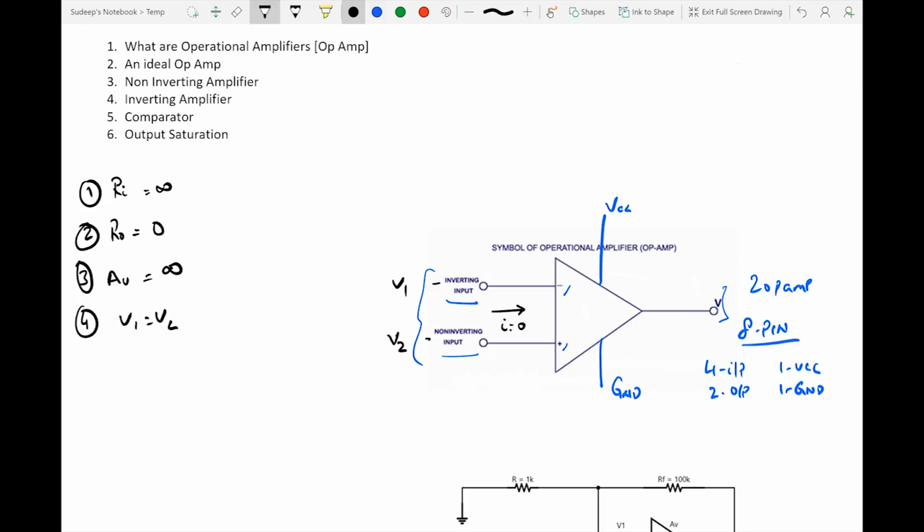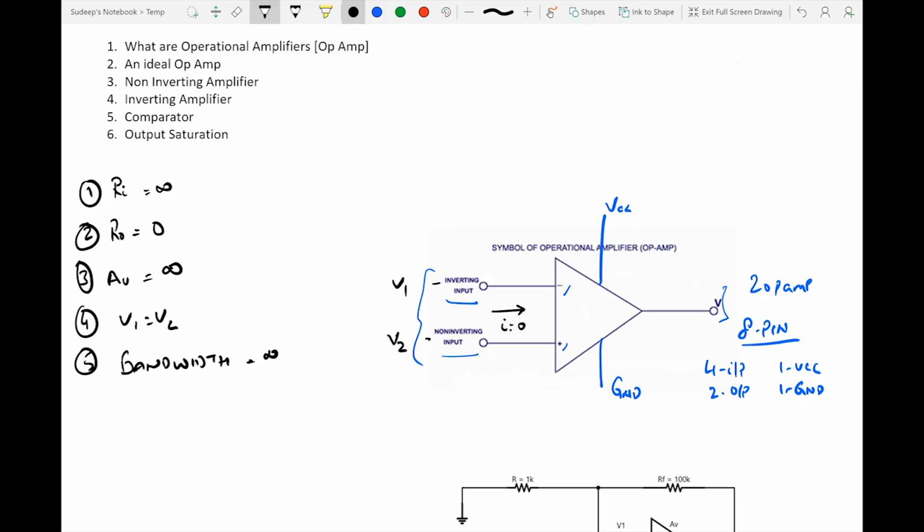The fifth characteristic says that the bandwidth in which the OpAmp can operate is infinite, which means I can give in a signal of any frequency. If it is a low frequency signal, it's going to be nicely amplified by the operational amplifier, and so can a very high frequency input signal.